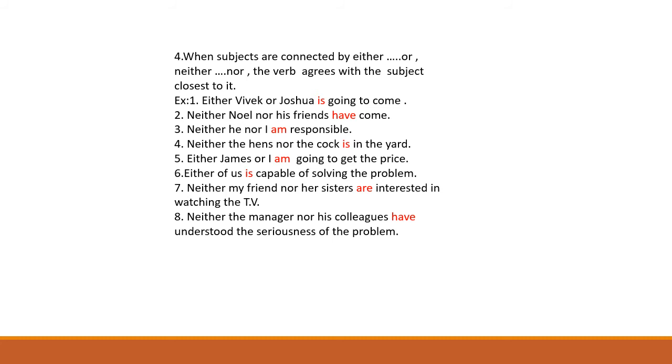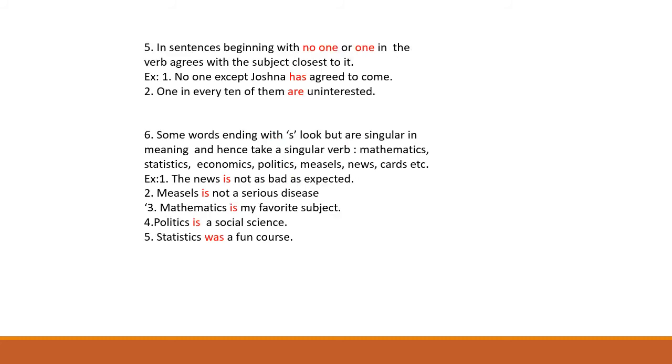Colleagues is plural, so the verb is have, plural. Have is plural, has is singular. Why am I using have here? Because the subject closest to the verb is colleagues, which is plural. So I am using the plural verb.